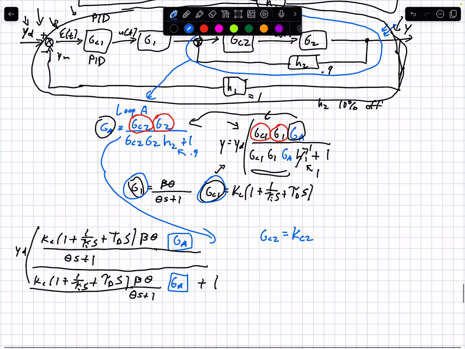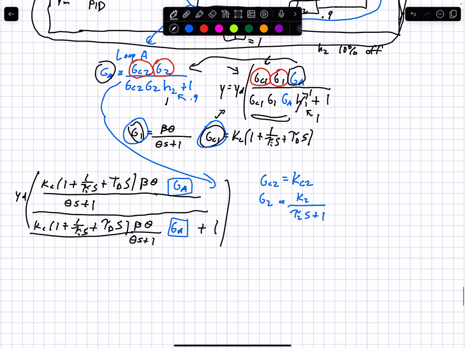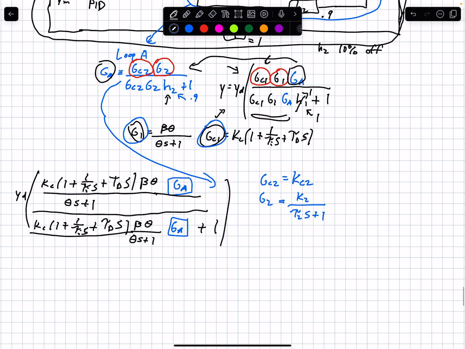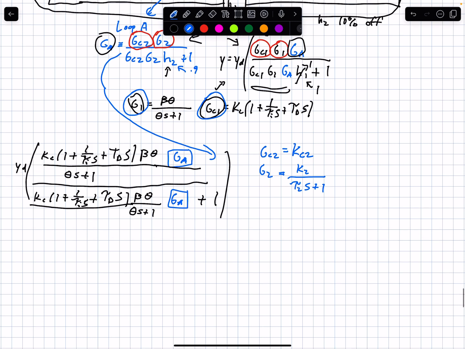And we also know G2 is equal to K2 over tau 2 S plus 1, and H2 is just 0.9. We'll rewrite the GA equation first.